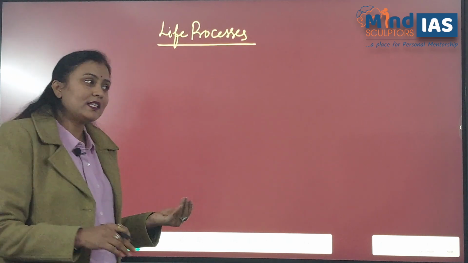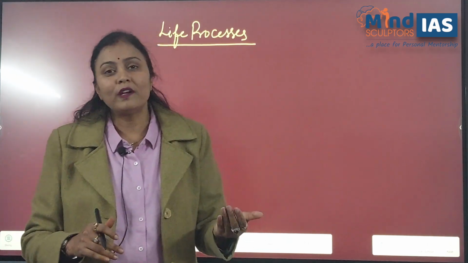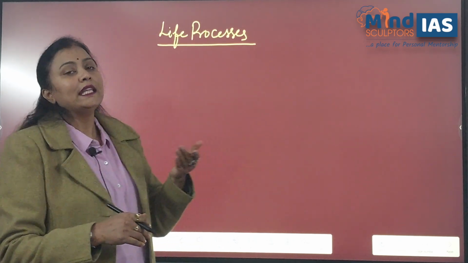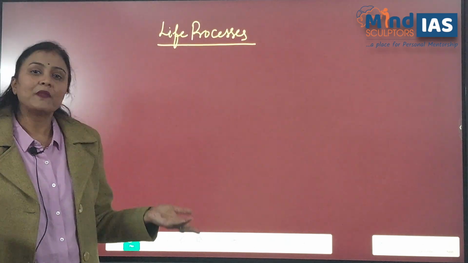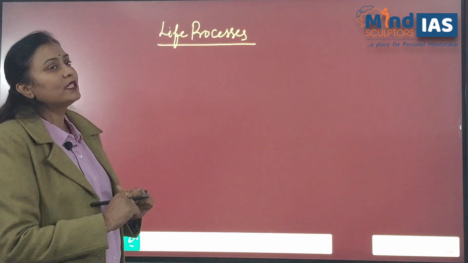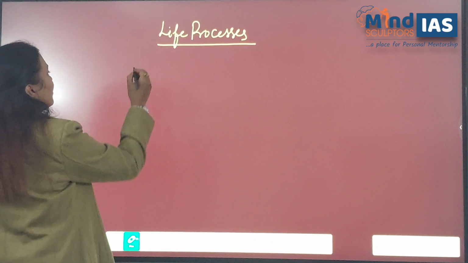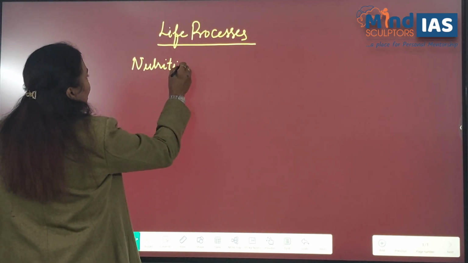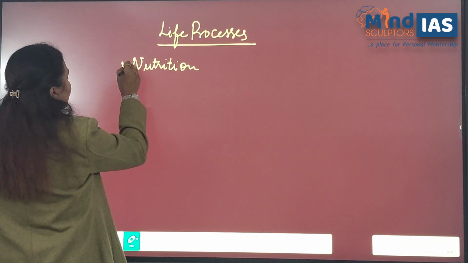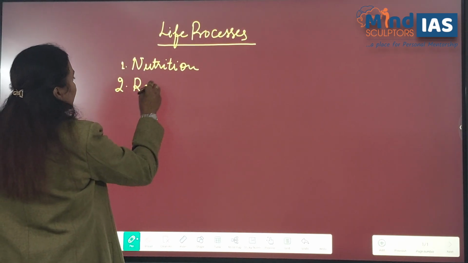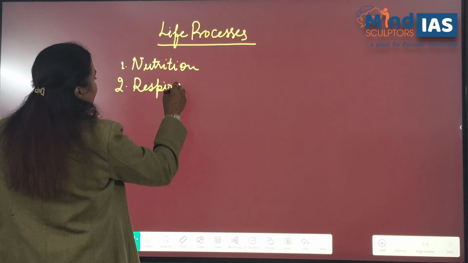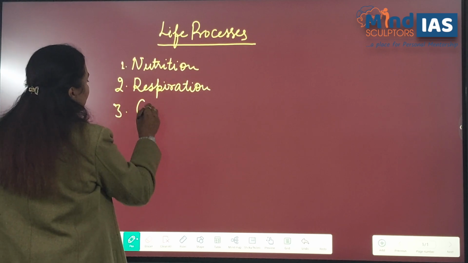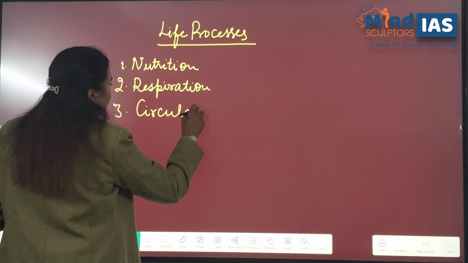So life processes, how will you define that? Anything which is required to maintain the life of a living being is called life processes. This topic consists of 4 important things. The first is nutrition. Second is respiration. Third is circulation.